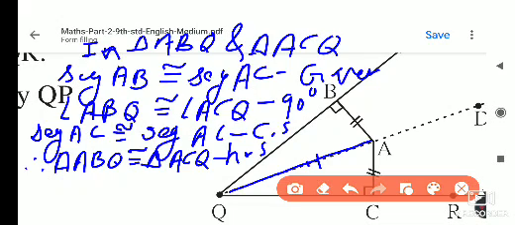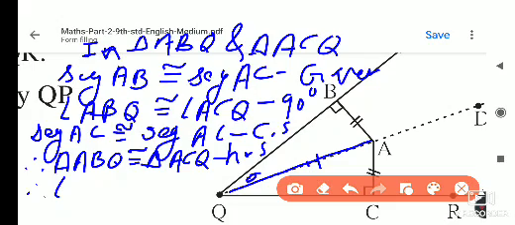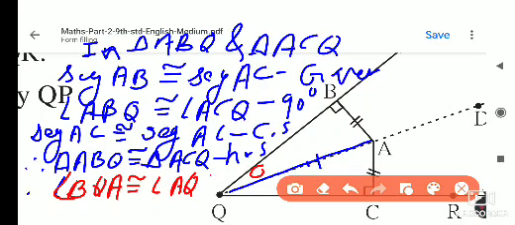each other. Now next what we have to show: therefore angle BQA, this angle, I will use different ink, angle BQA is congruent to angle AQC by CACT.